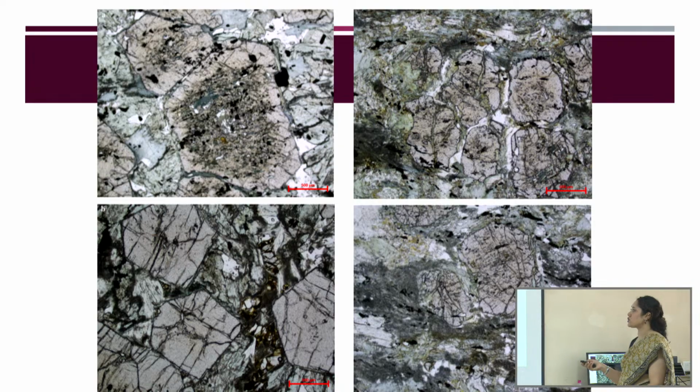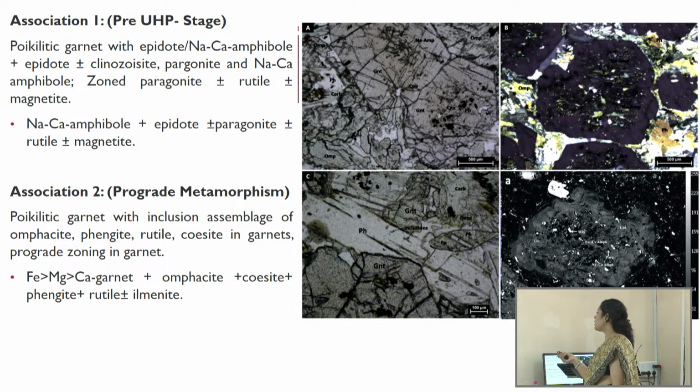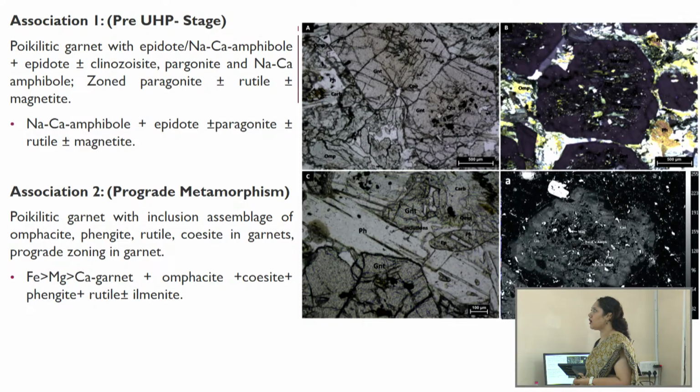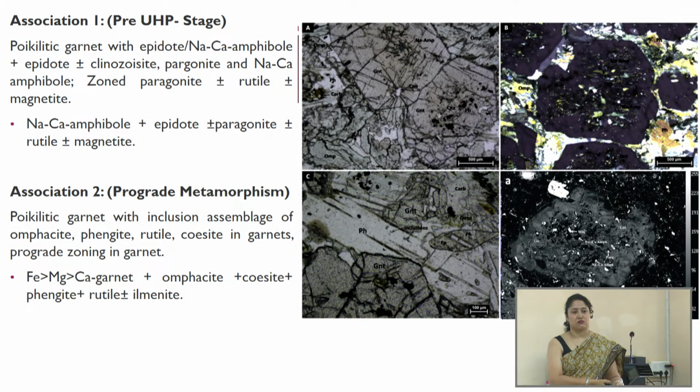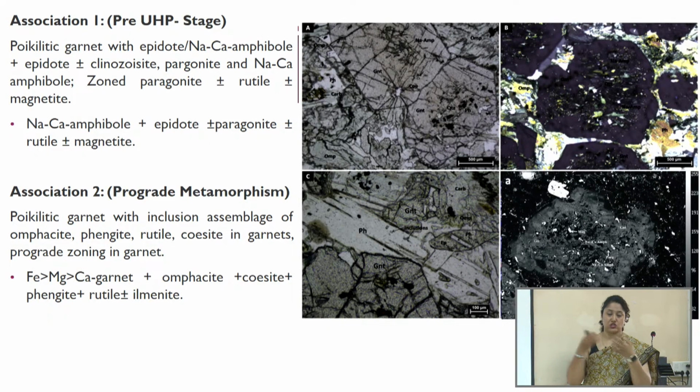Later on, when we analyzed them with the chemistry, we realized that all these inclusions, even in the backscattered images, you can see it very clearly. The light is too much, I'm sorry, but yeah. All these inclusions typically represent the pre-UHP phase. So they represent parts of the protolith which are actually preserved.